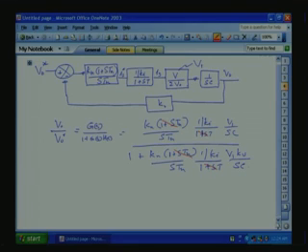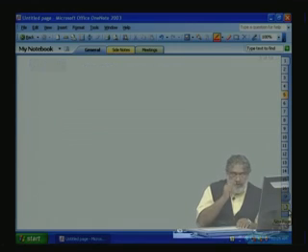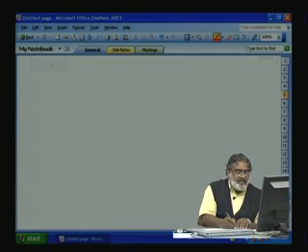Let us say here you will use some sort of optimization technique. What is the optimization technique? What is meant by optimization? See, general consideration for optimization.